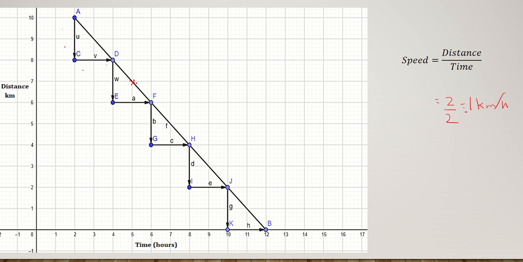Even if I take this point and this point, 1 step down, 1 step right, this is also giving me 1 upon 1. If I take A and B, the downward distance is 10 and the horizontal distance is also 10. So it will be 10 upon 10, meaning minus 1 km per hour.